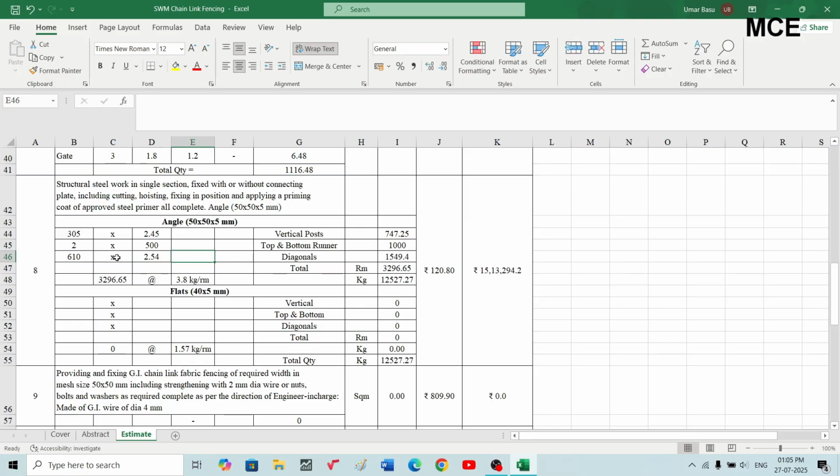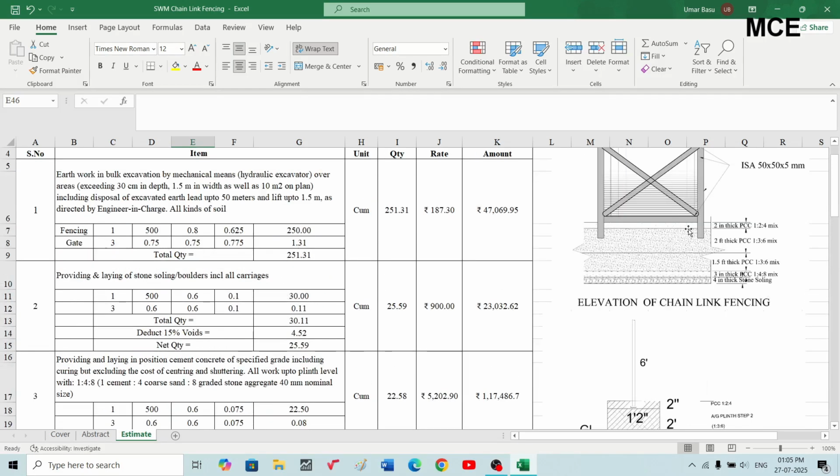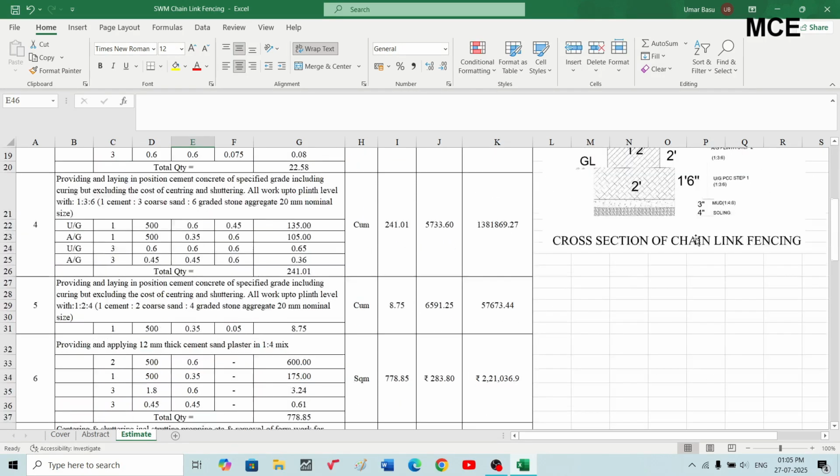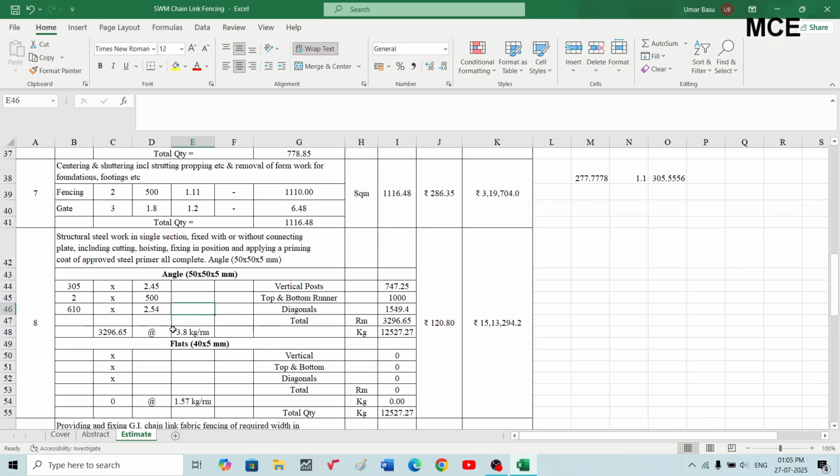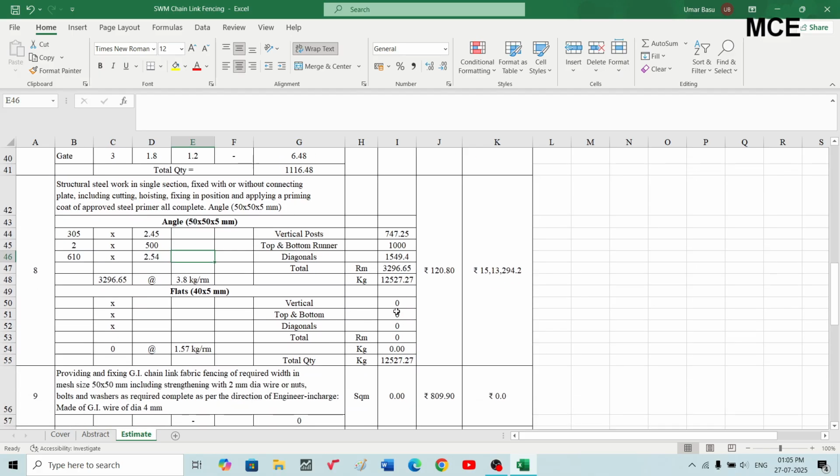This is from the Pythagoras theorem, because distance between 2 vertical posts is 1.8 meter, and the length of the vertical post above the concrete is also 1.8 meters. So hypotenuse will be 2.54 meters. So total will be 610 into 2.54, which is 1549.4 running meter, the diagonal length required.